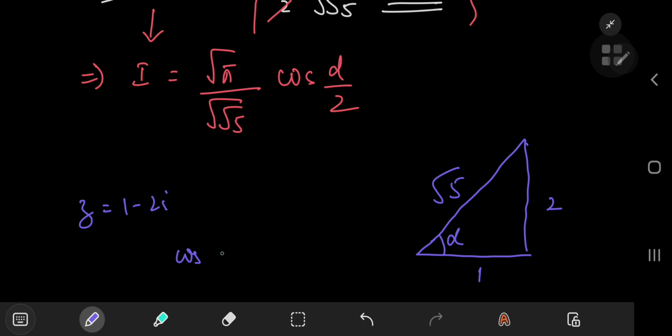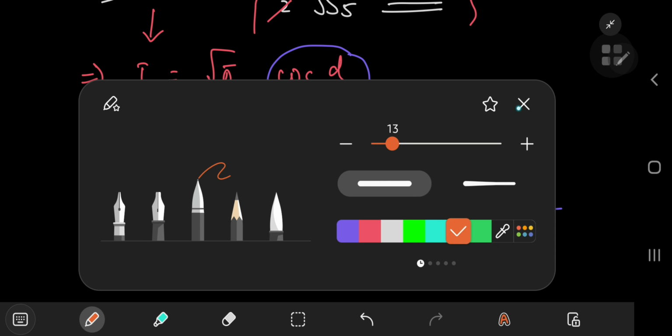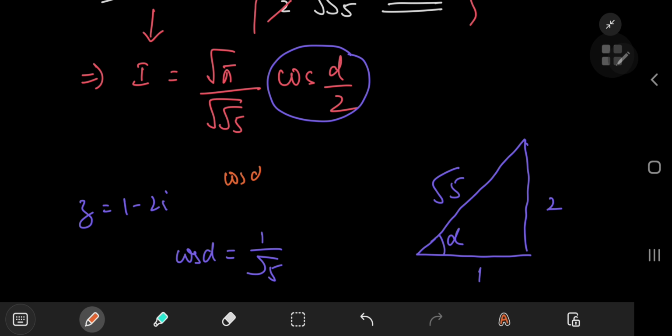Then we have the cosine of alpha being 1 by the square root of 5. And once you have the cosine of alpha, you can easily evaluate the cosine of alpha by 2 using the half angle formula, which is the square root of 1 plus the cosine of alpha divided by 2.